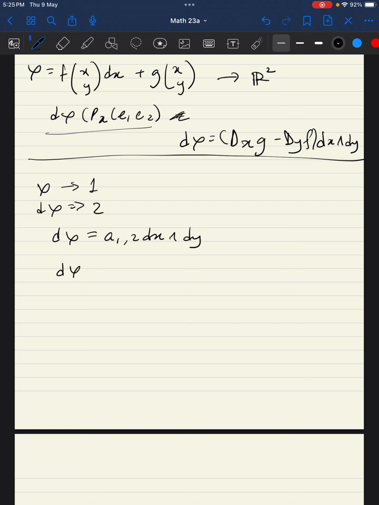So d phi applied to e1 and e2 is the limit as h tends to 0 of 1 over h squared times the integral over the parallelogram from p with sides h1 and h2 of phi.